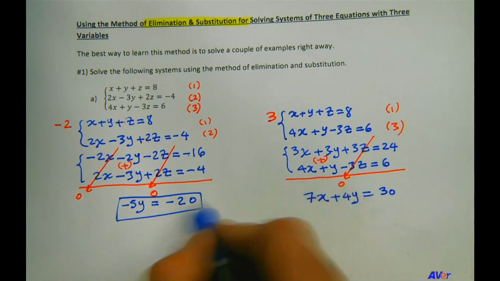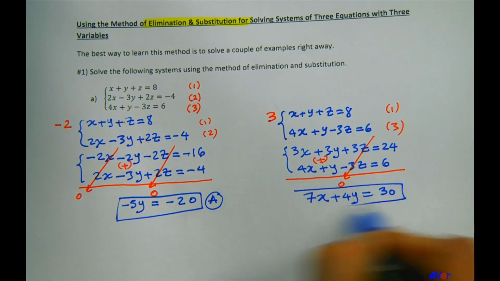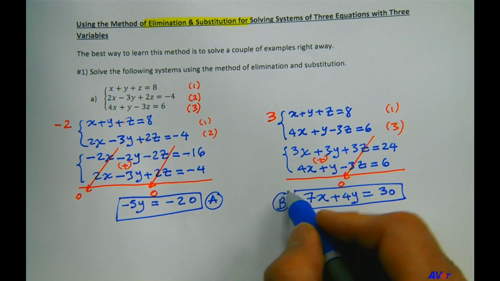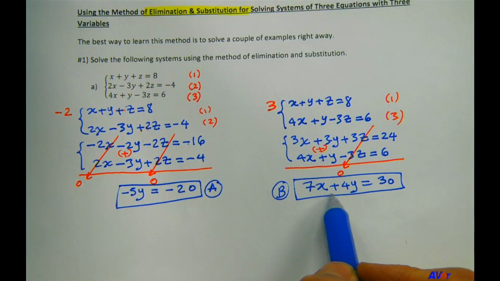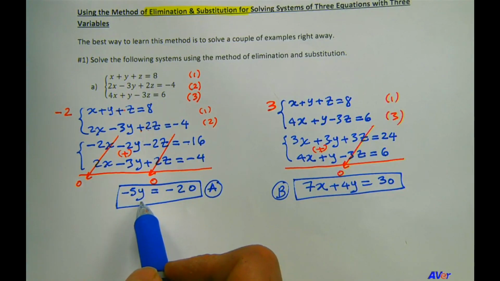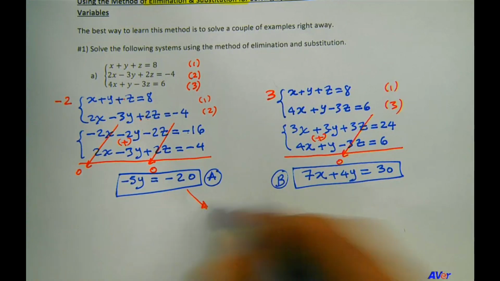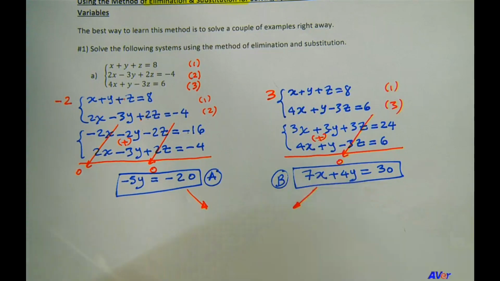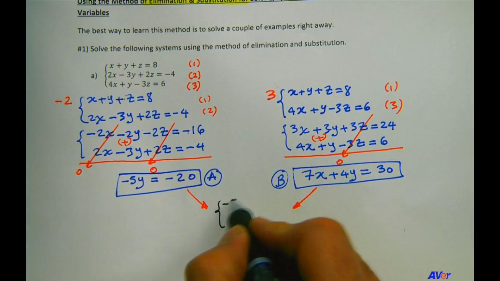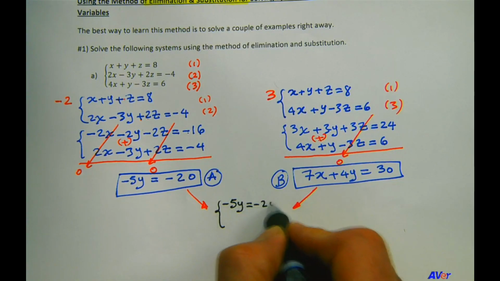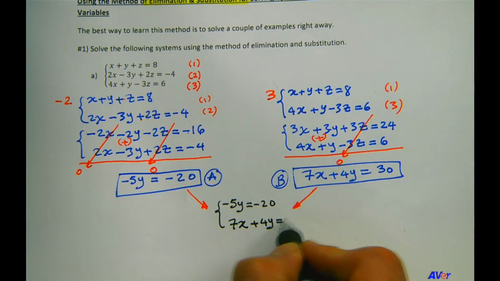Let's call this one reduced equation A, and this one reduced equation B. So they are reduced, right? Now we have a maximum of 2 variables in this one and only 1 variable in that. That's great. The next step is to form a new system with these reduced equations: minus 5y equals minus 20, and 7x plus 4y equals 30.